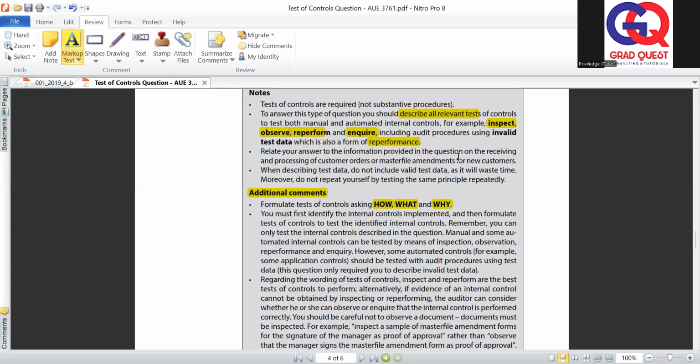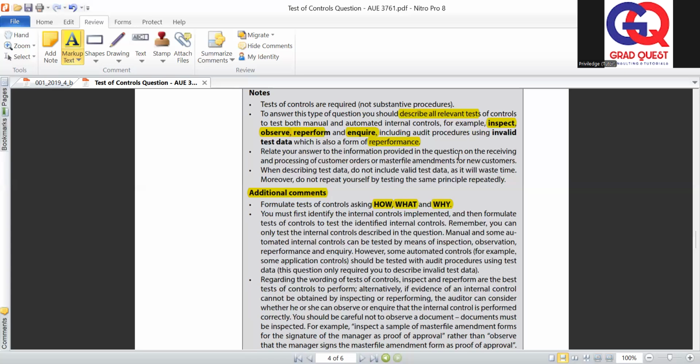That's why you'd notice with invalid test data, most of the procedures that you'd find, even when you go through examples in the study material, will be more like attempt or reperform this, or re-enter, or attempt to enter these details, to determine whether the system would reject processing further.